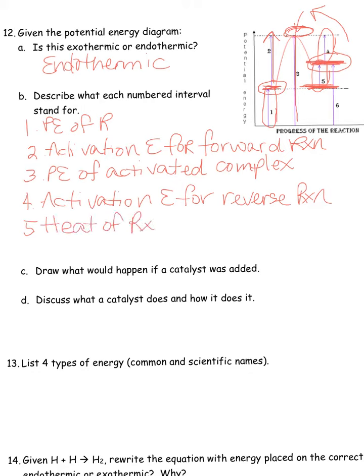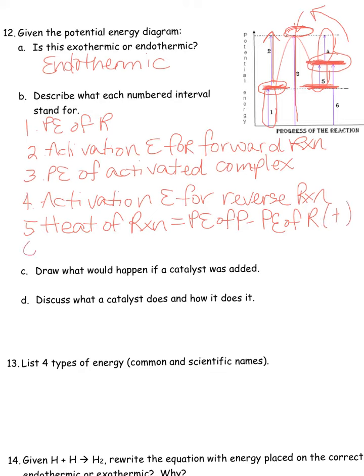And formally, that heat of reaction is always equal to the potential energy of the products minus the potential energy of the reactants. And so it also explains why our delta H, our heat of reaction, is positive. Because if I take a bigger number for my products and subtract the smaller number of my reactants, I am going to get a positive result in this case.